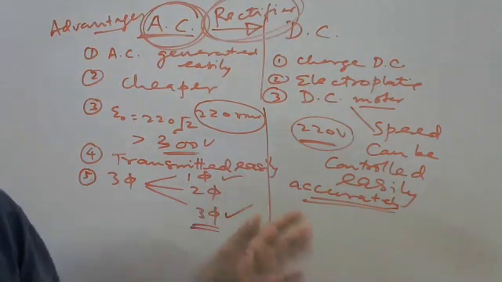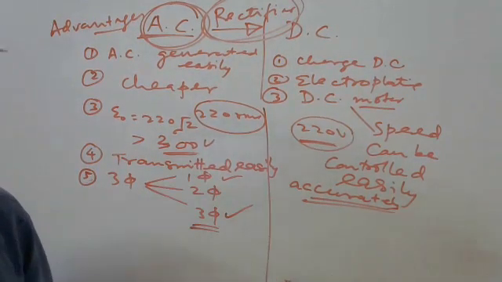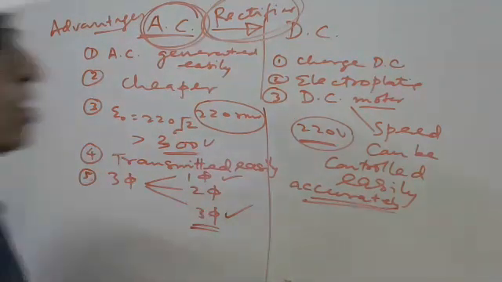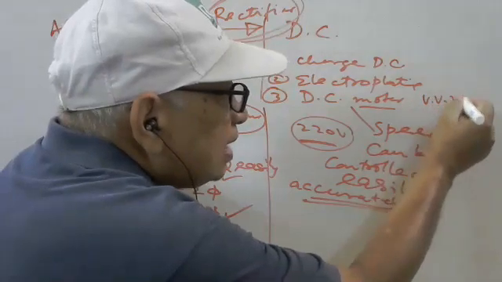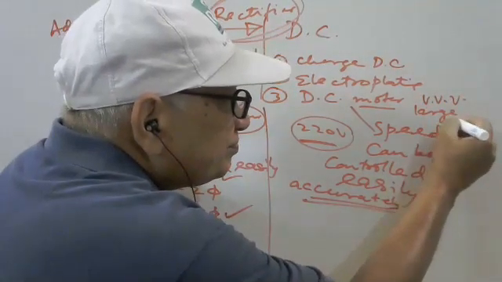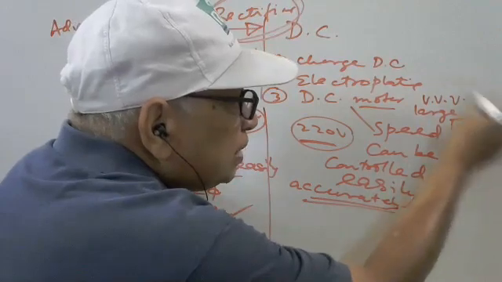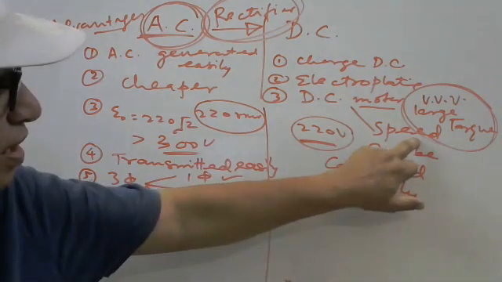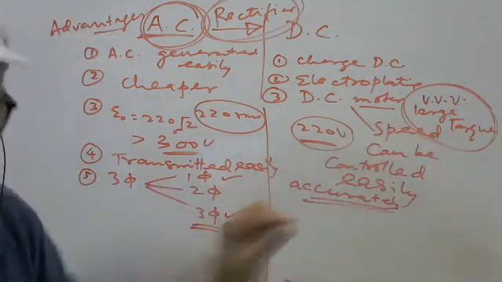In a train, a DC motor is there. The DC motor generates very large torque, which means it can pull a very heavy train easily. So torque is very high and speed can be controlled.